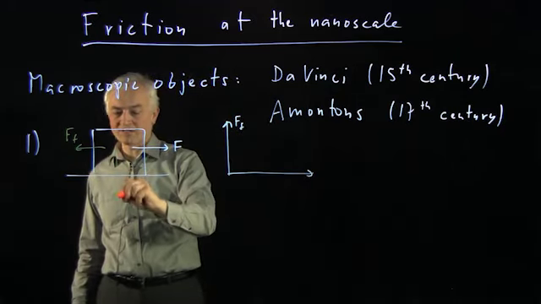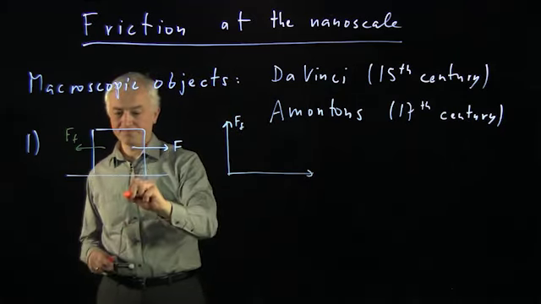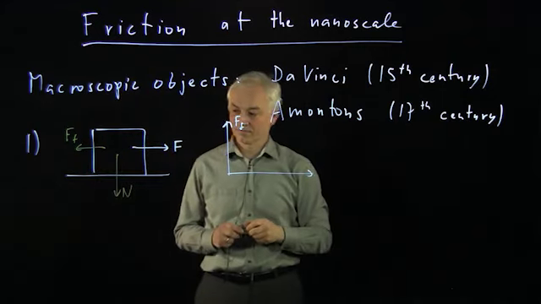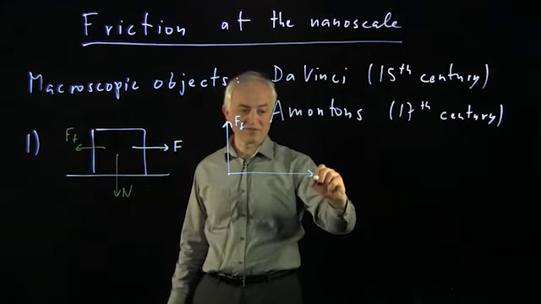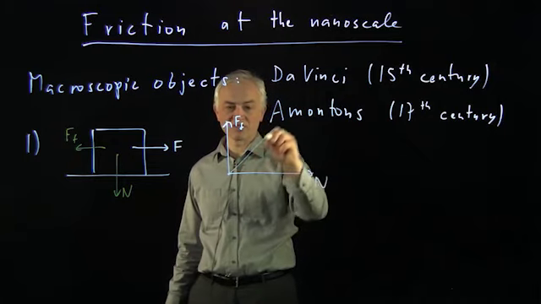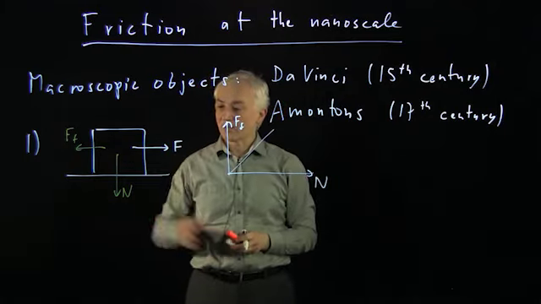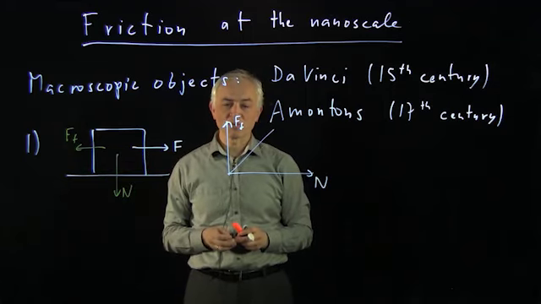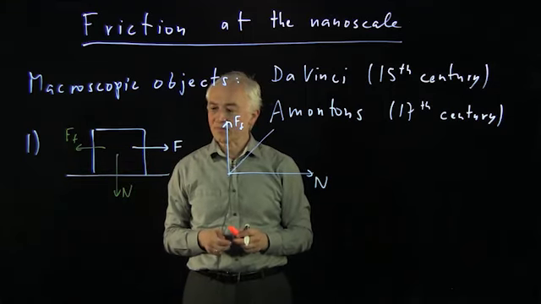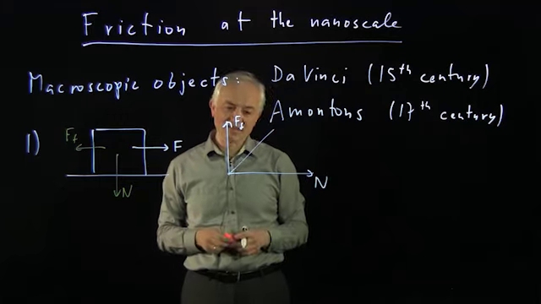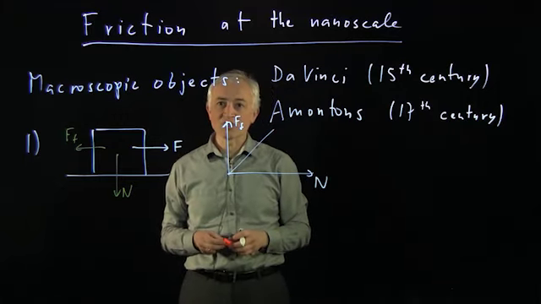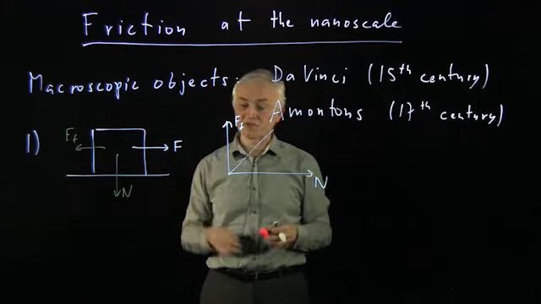So the normal force is the weight of the object. So he found that the friction force as a function of normal force is just a simple linear dependence. So if you make the object twice as heavy, the friction force will be twice as large. This maybe makes sense. It agrees with our intuition.